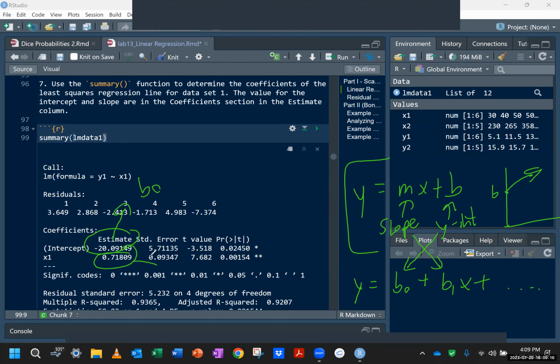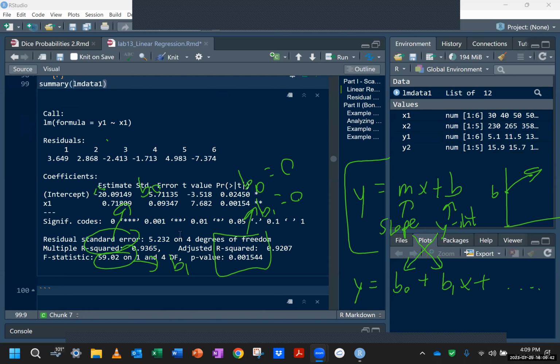That's my estimate for b1, my slope. And embedded in there is that information along with some p-values. That's testing the hypothesis that b0 is 0 and b1 is 0. So if you're curious what the p-value says, we have strong evidence that these things are not 0. That's what those p-values are testing.